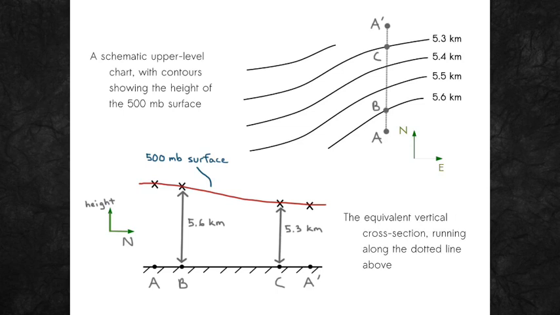So this gives us an idea of how to translate back and forth. The upper level chart is the view looking from above. And then if we were looking from a cross section, like down here, the chart would tell us in this case that the upper level surface, the 500 millibar surface, is higher to the south and falls off toward the north. So in our cross section, here on the south side, on A, it's higher, and then it falls off towards the north.